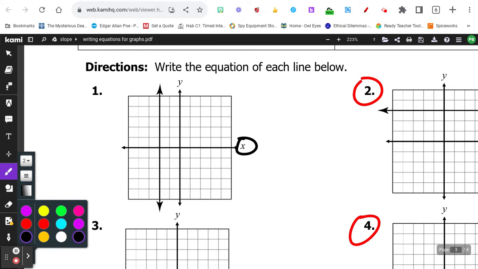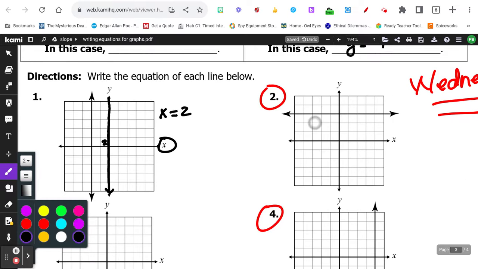This line right here crosses the x-axis at +2. So it's x equal to +2. This line cuts the y-axis and it cuts it at 3. 1, 2, 3. So it's y equal to 3. Pretty simple.